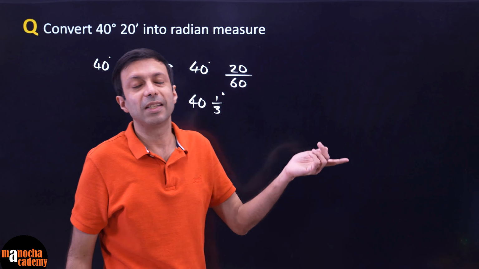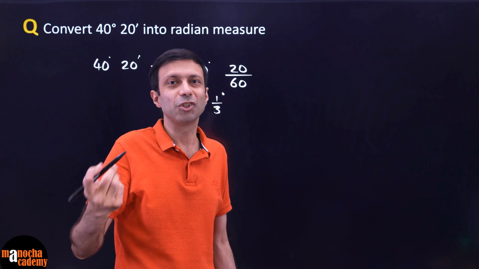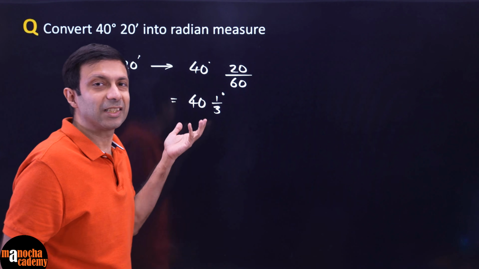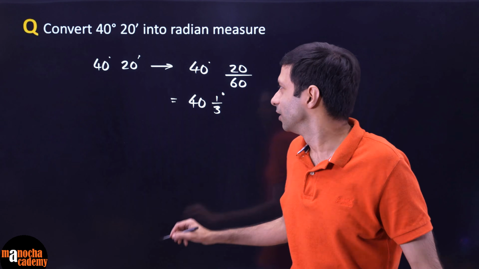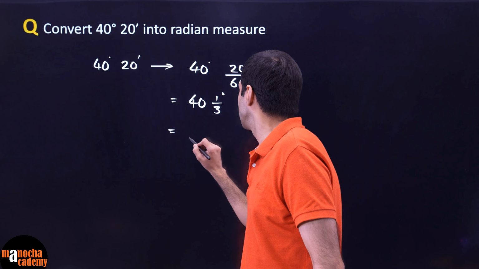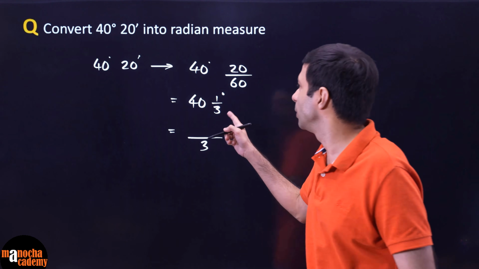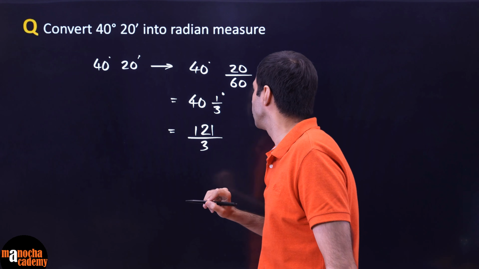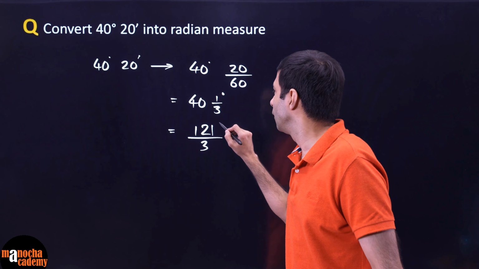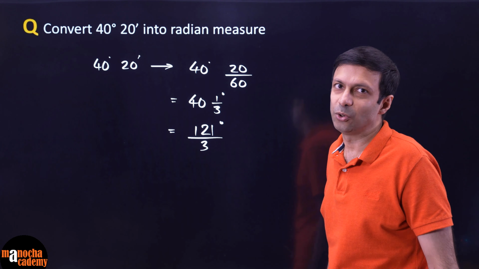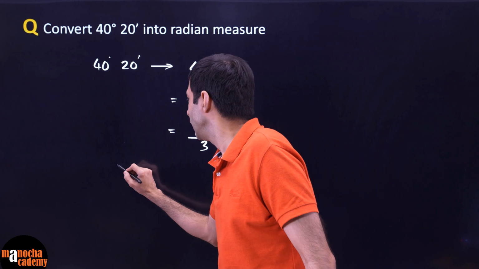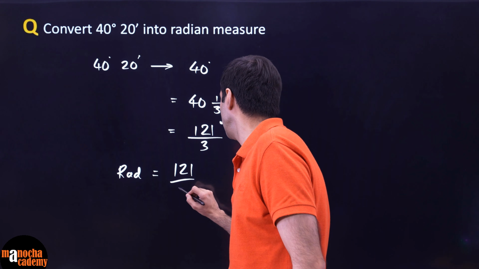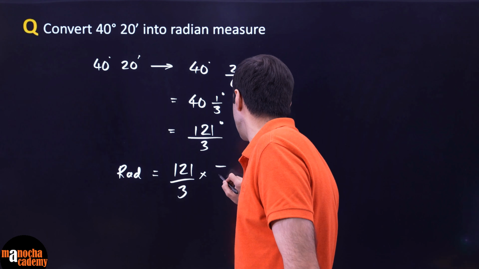Now you need to convert this into radians, and remember the shortcut trick, multiply by pi by 180. But before that, let's convert this into a mixed fraction. So the denominator is going to be 3. 40 times 3 is 120 plus 1. So I'm getting 121 by 3 degrees, and we need to convert this into radians. So the radian measure will be 121 by 3 multiplied by pi by 180.